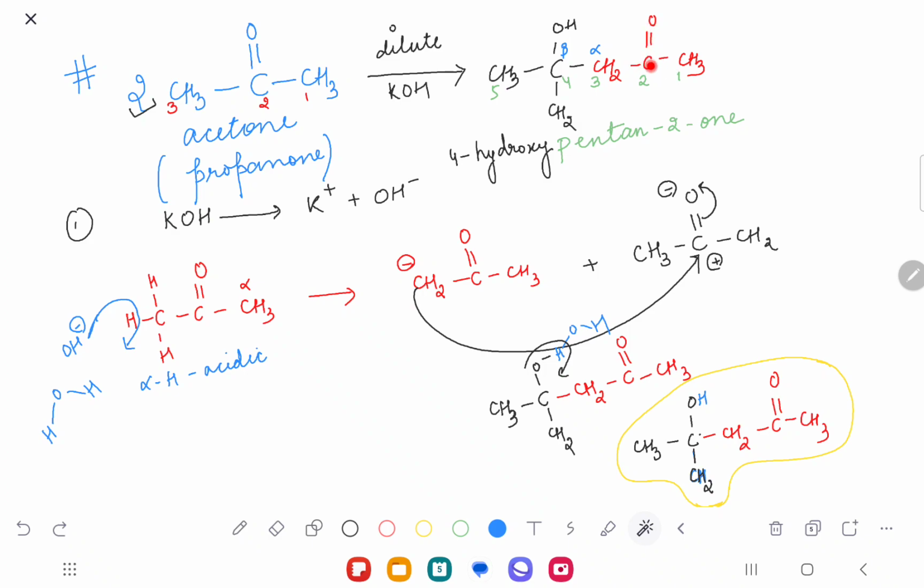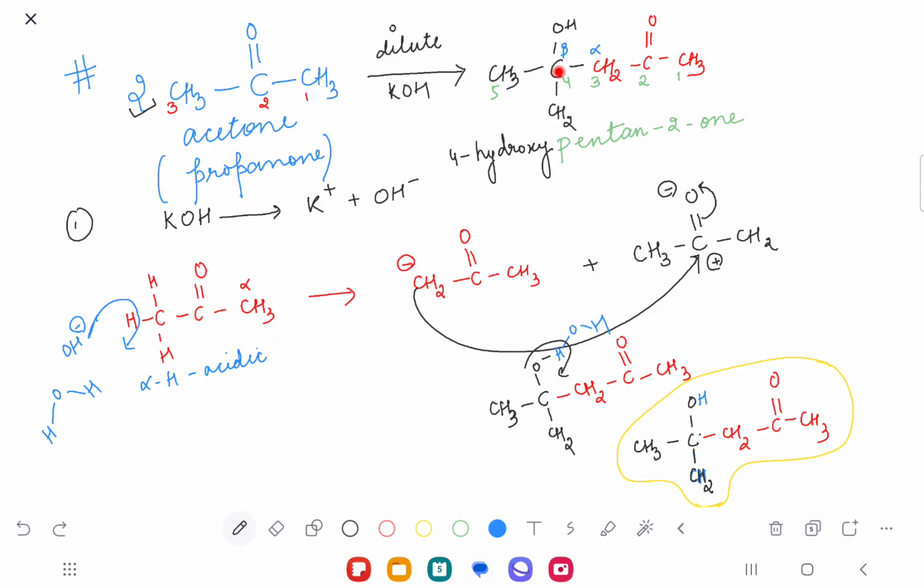And just next to alpha shall be the beta position. So this is my simple aldol condensation.